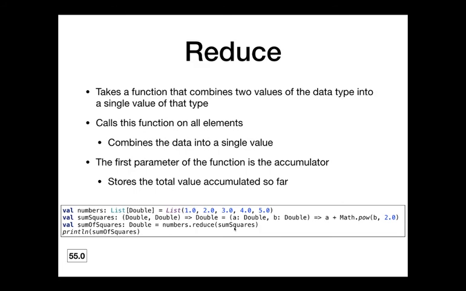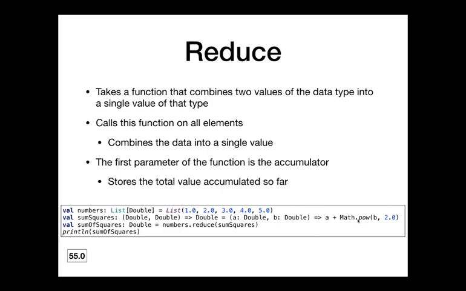Let me back up. Starting with the first one, the first argument of that reduce call is going to be the accumulator variable. So this is a way of doing the accumulator pattern in just one quick line: dot reduce, give it a function, and it'll accumulate based on that function. The first argument is going to be the accumulator variable.